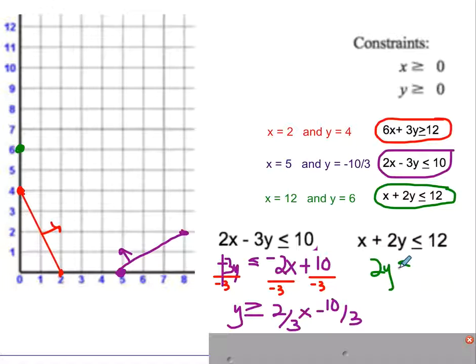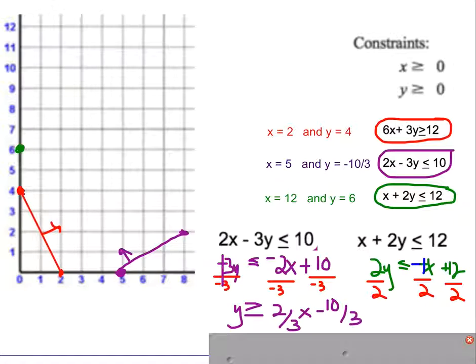This last one is if we were to subtract x from both sides, we'd have 2y is less than or equal to negative x plus 12. Okay, and then if we divide everything by 2, that would leave us with a negative 1/2 slope, and that would be a +6, which look at that, that is our y-intercept already.